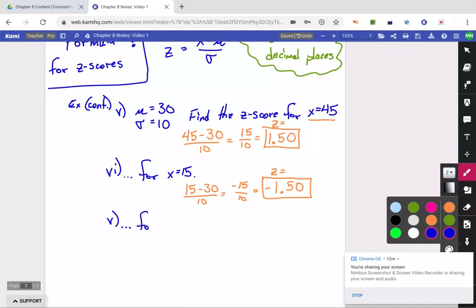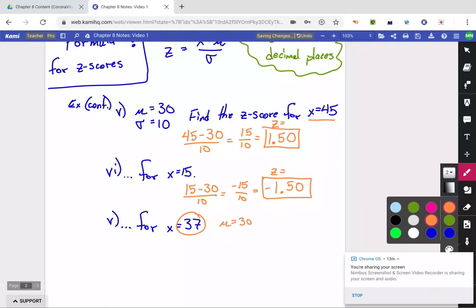And so let's say, could you do that for x equals 37, something a little bit more gross? So for x equals 37, what's the z-score for 37? Remember, all of this is just saying how many standard deviation jumps is that from the average. So don't get lost in the math. This literally just says, take the number 37, tell me how far away from the mean of 30 it was.